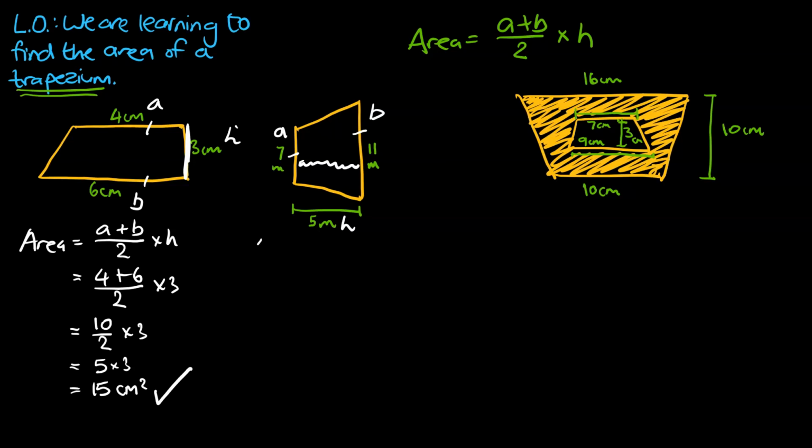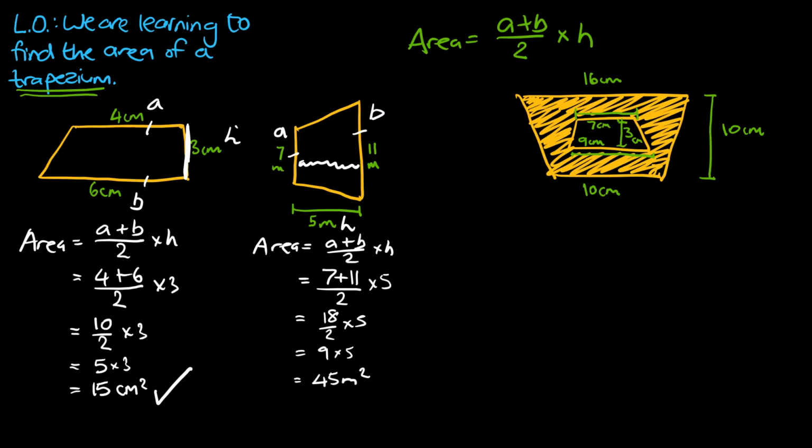And we can do a similar process to what we did for the previous question. So the area is going to be equal to A plus B divided by 2 times height. A is 7, so that's going to be 7 plus B, which is 11, divided by 2, and that's going to be multiplied by 5. 7 plus 11 is 18, divide that by 2 times 5, 9 times 5, and that comes to 45 meters squared.